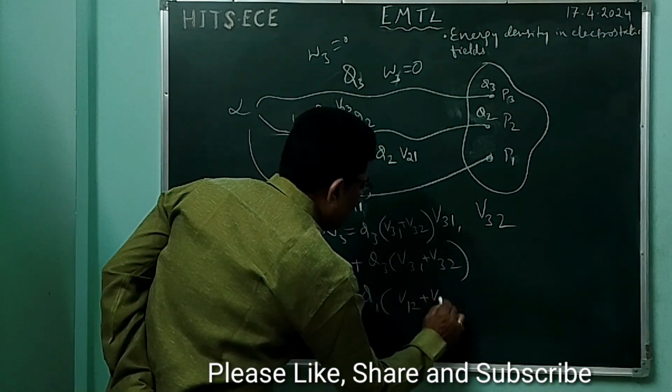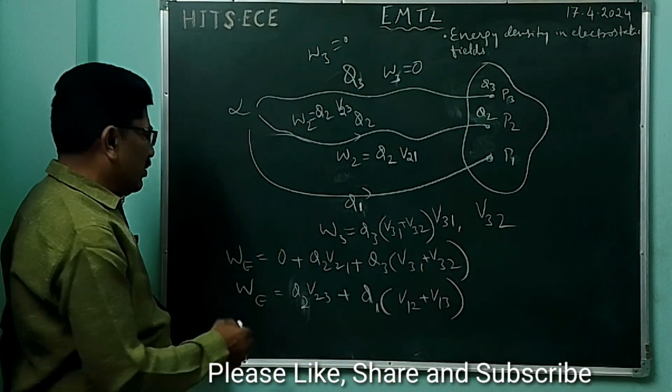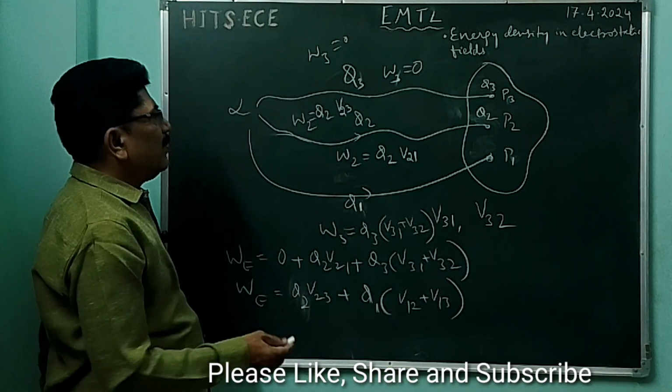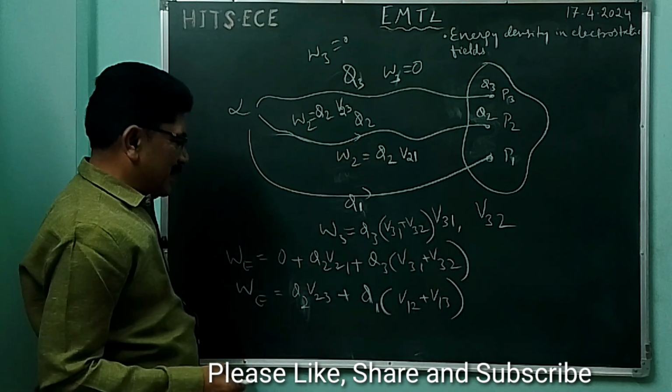Let us add these two expressions and divide by 2 to get the total work done in moving charges Q1, Q2 and Q3 to the empty space.